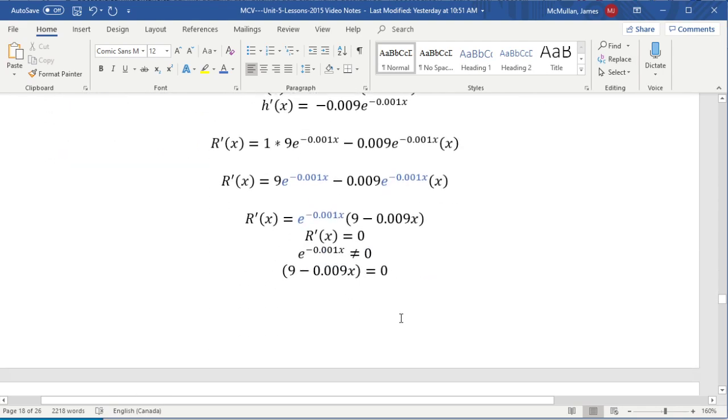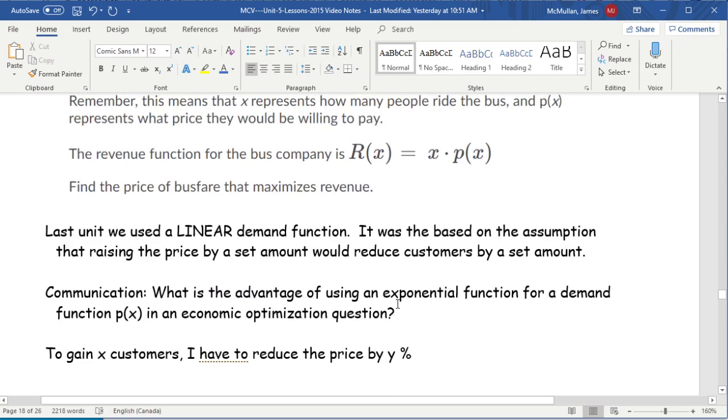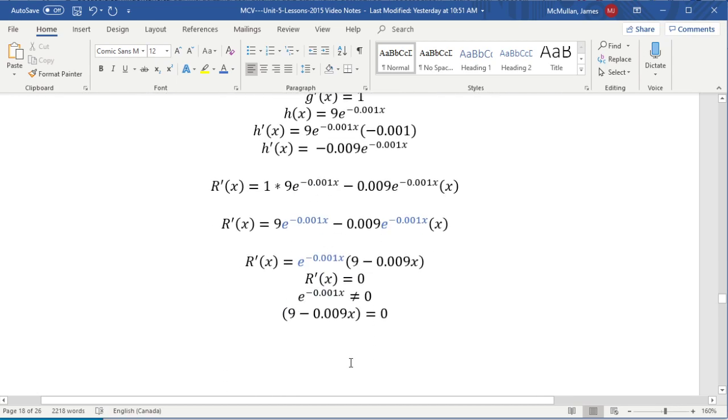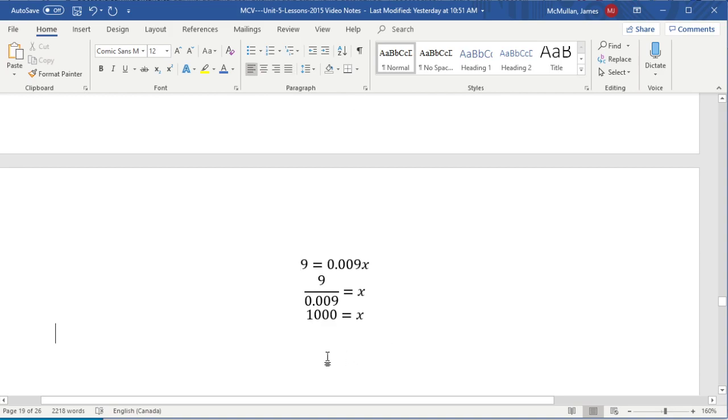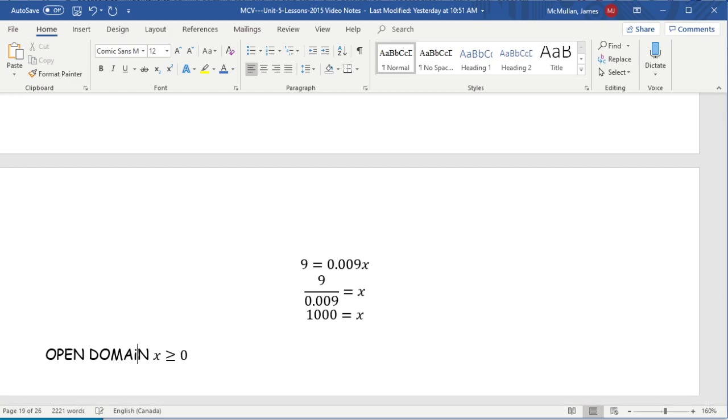Now again, as usual, this time it is an open domain, so let's write that down. X is greater than or equal to 0, because you can't sell a negative number of objects. But unlike the linear ones we worked with last unit, there is no upper limit to this.